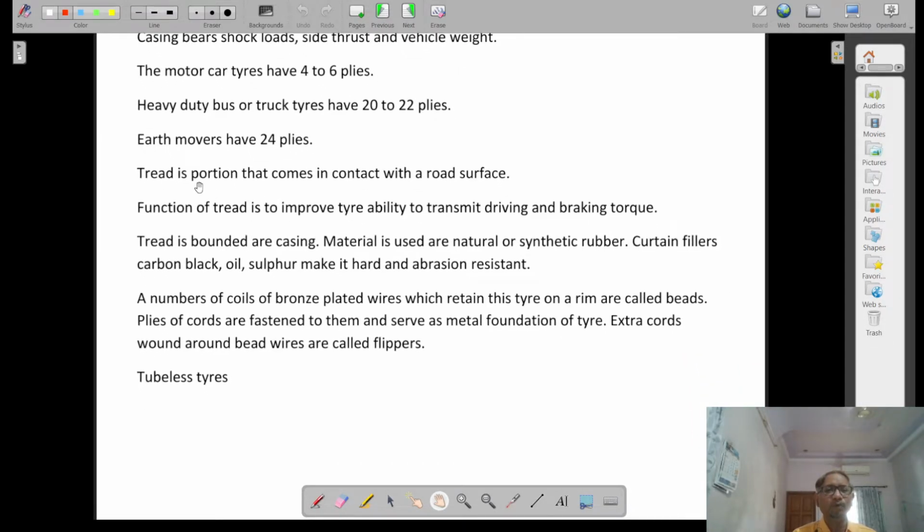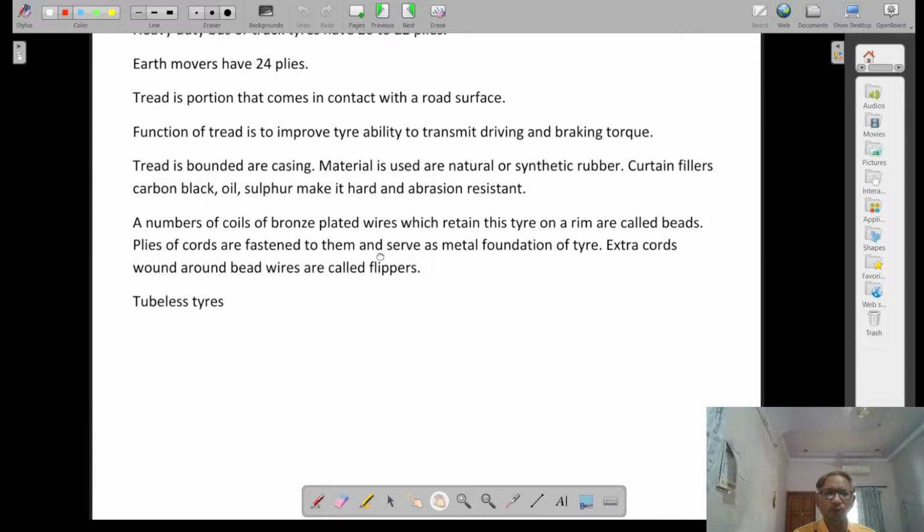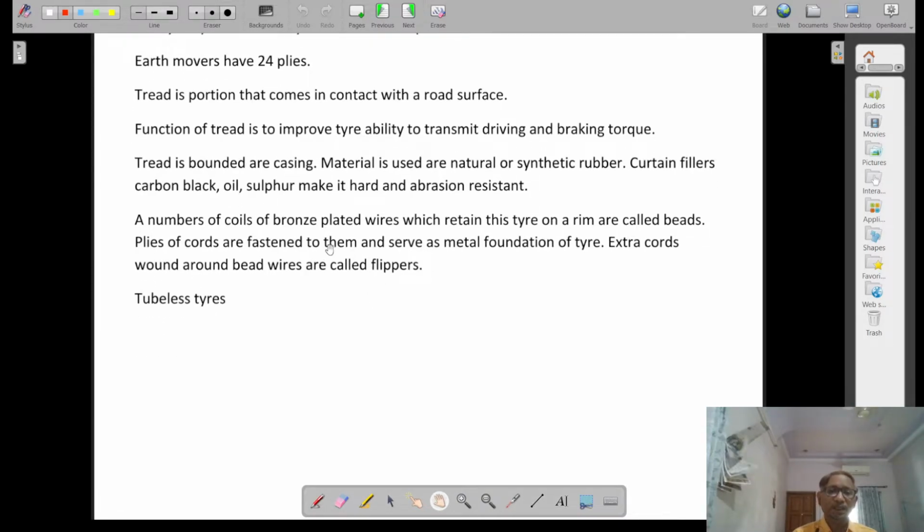The tread is the portion that comes in contact with the road, and it is bonded to the casing. Now inside the casing, we have a number of coils of bronze plated wires which retain the tire on the rim, which are called beads.